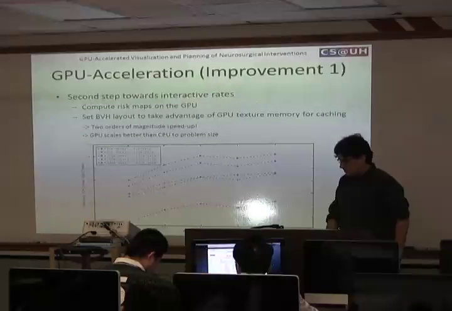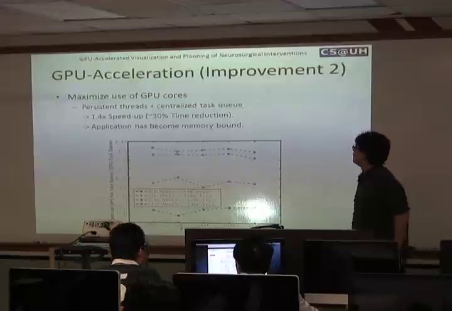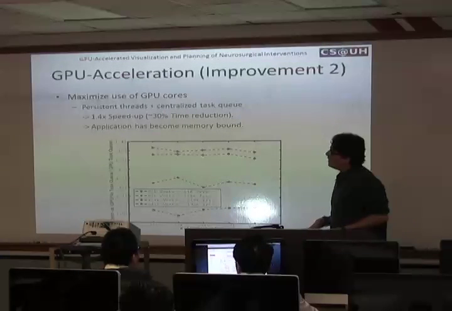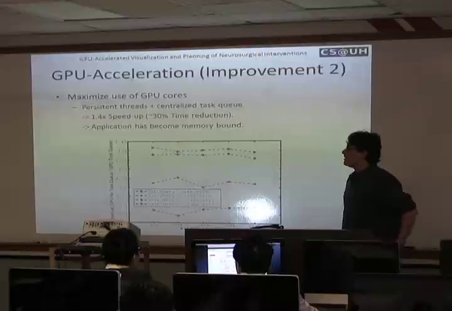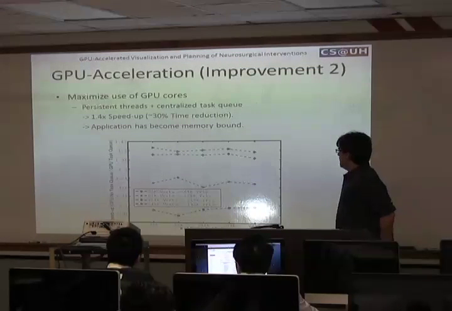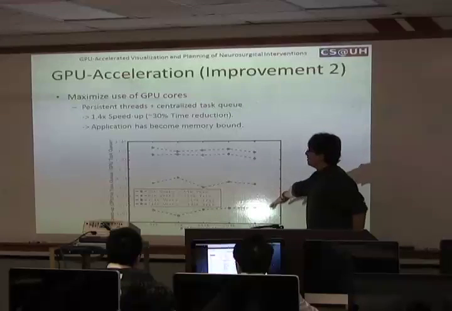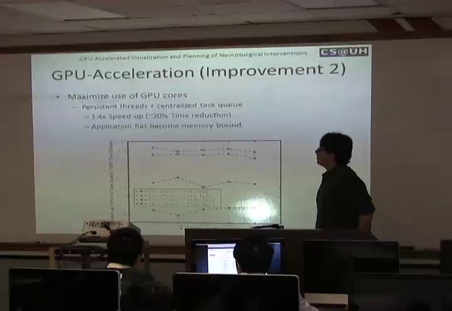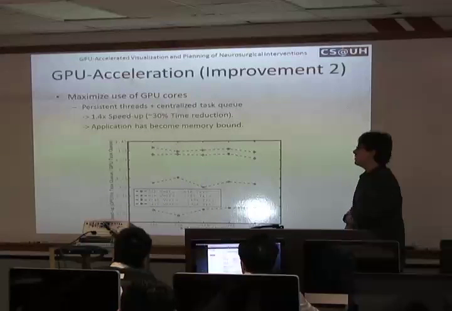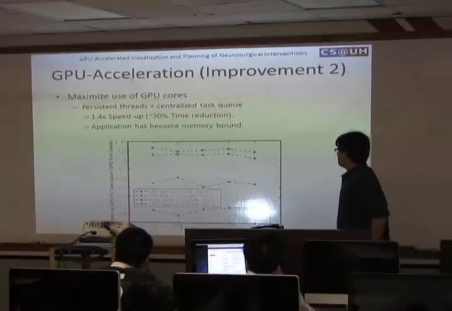This is not the only thing we tried for the GPU implementation. We did some load balancing on the GPU to maximize the use of GPU cores. By trying meshes of different resolution, we observe that we can get a time reduction of up to 30%.